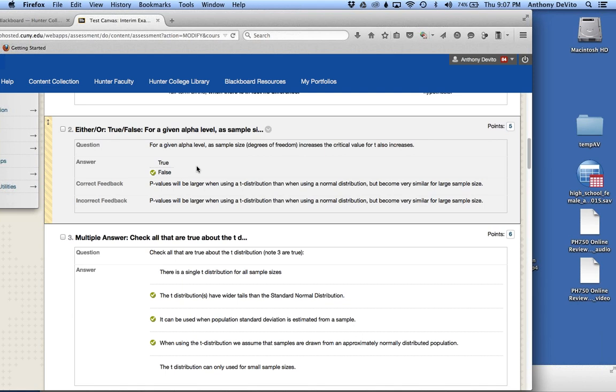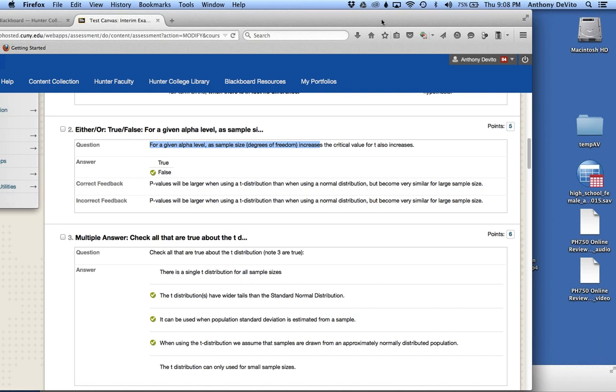Okay, for a given alpha level, as sample size increases, the critical value for T also increases. So what do you guys think about that? Well, in fact, that's false, isn't it? And you know why it's false? Because as the sample size increases, if you look at the T table, the critical value of T goes down as the sample size gets bigger.